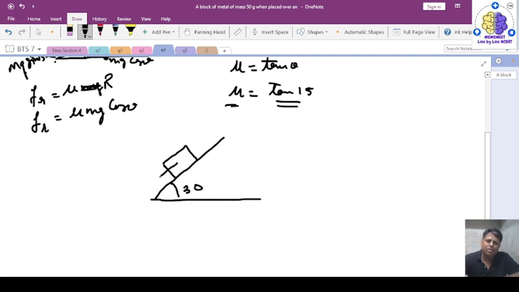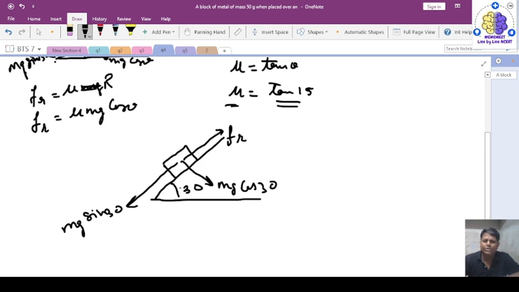this is the block, it will move downwards with mg sin 30, right? The frictional force Fr, in this direction it will be what? mg cos 30.